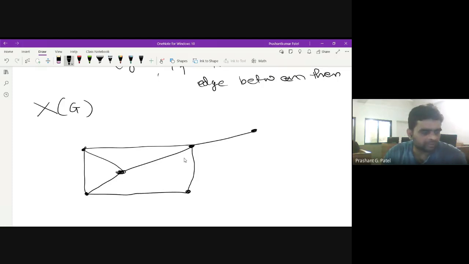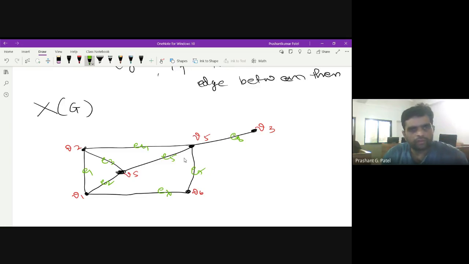Let's say this is the graph G, where you have V1, V2, V3, V4, V5 and V6. There are 6 vertices, and the edges will be E1, E2, E3, E4, E5, E6, E7 and E8. 8 edges are there.